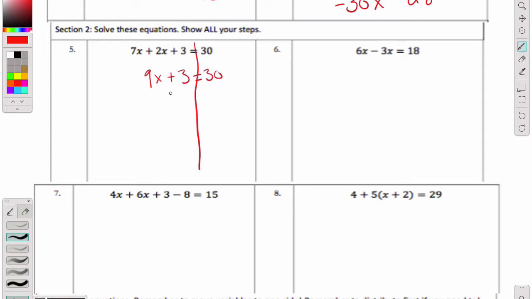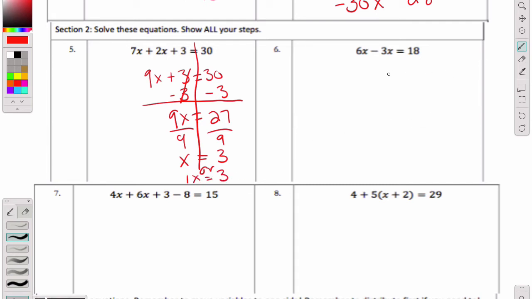Then we want to make 0, and whatever we do to one side, we do to the other. So this turns into 0. We bring down the 9x equals 27. Now we want to make 1, so we divide by 9 on both sides, and we end up with x equals 3. You could also have 1x equals 3.